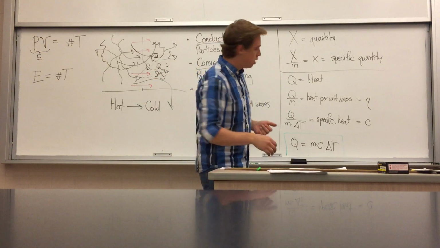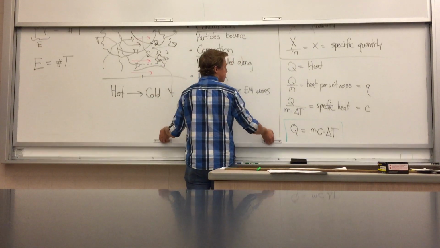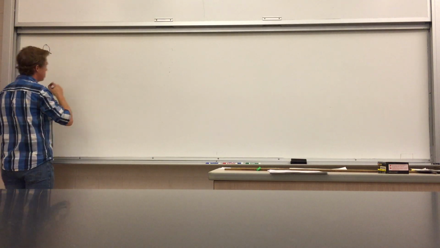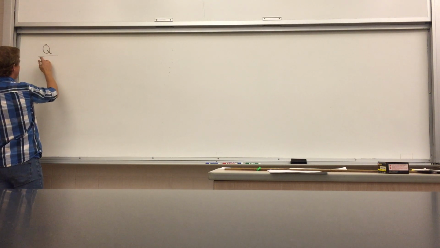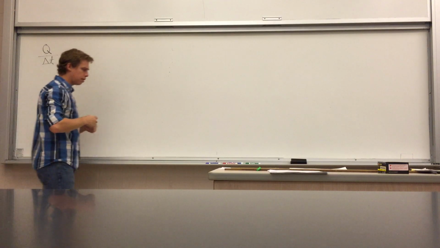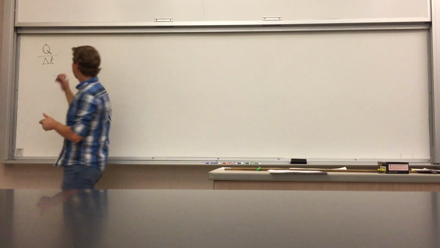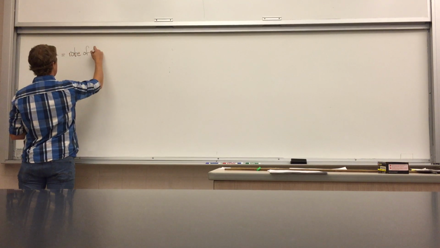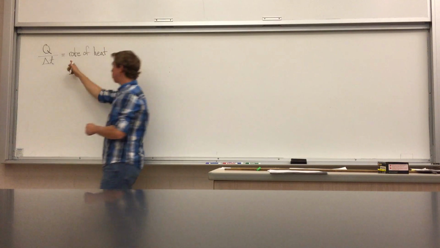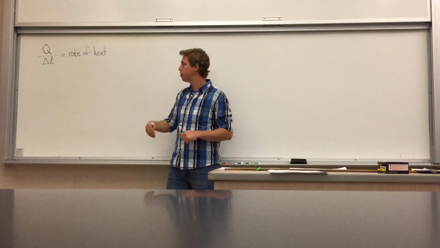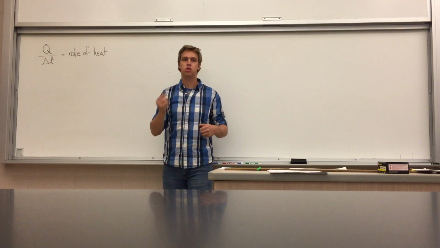The last thing that we can define is we can take our heat and we can say that a specific amount of heat divided by a specific amount of time equals the rate of heat. Now, a lot of times people would write the rate of heat transfer, and our book writes the rate of heat transfer. However, remember, heat itself is the transfer.